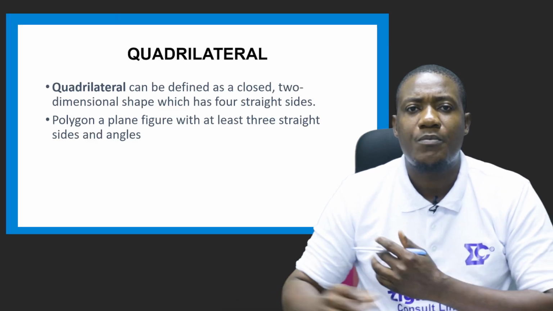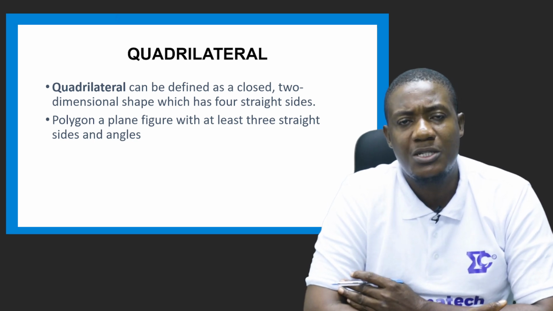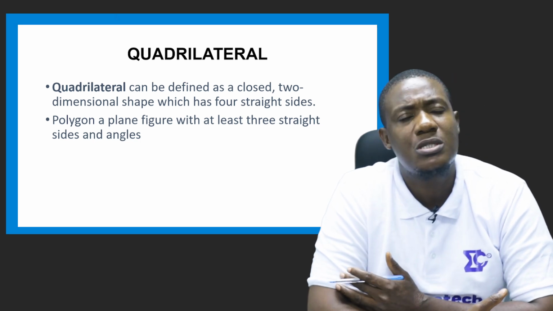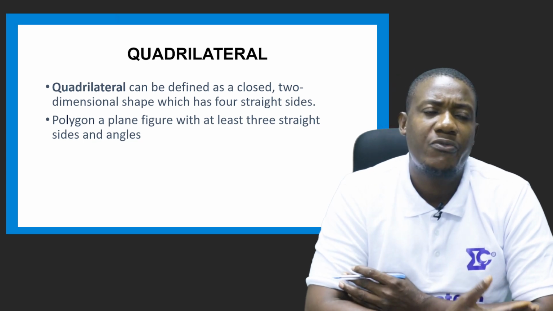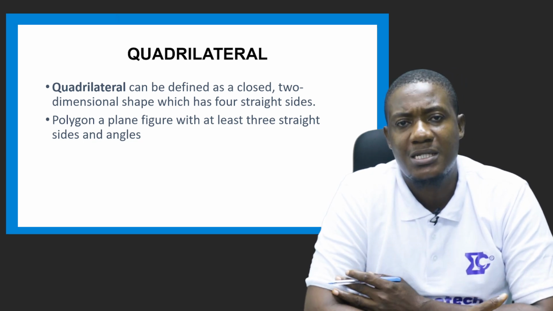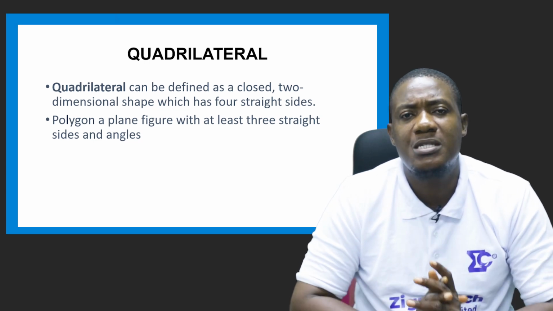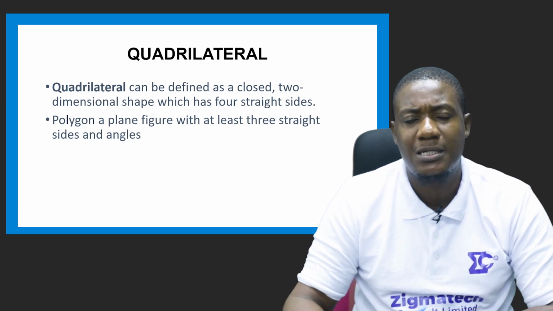Okay, what exactly is a quadrilateral? A quadrilateral can be defined as a closed two-dimensional shape which has 4 straight sides. The name quad means 4, lateral means lines.